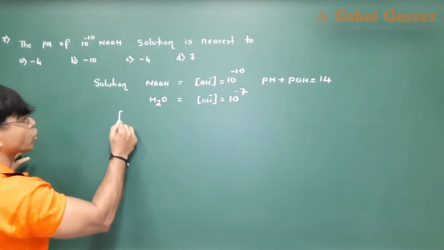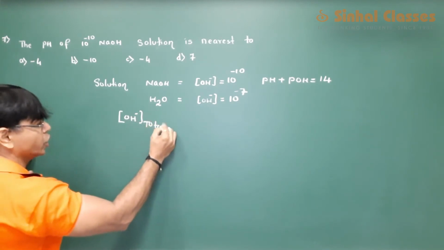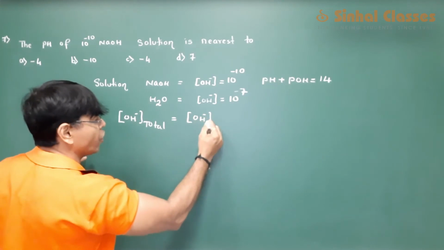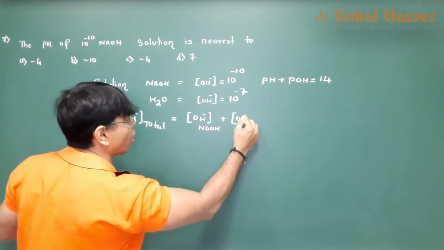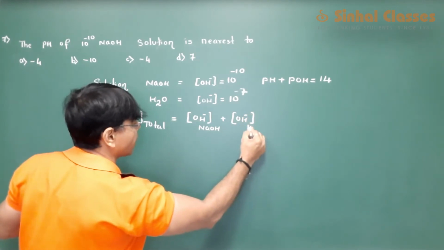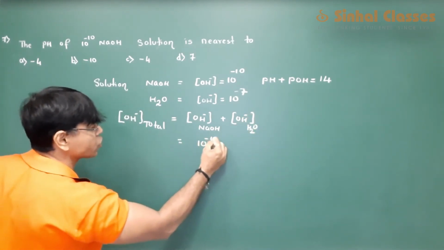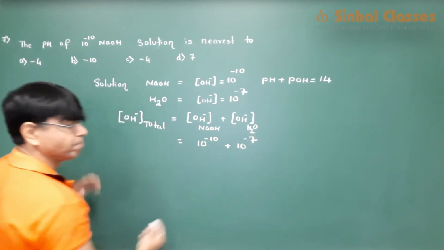So what is the total OH? The total OH will be OH from NaOH and OH coming from water, H2O. So this is 10 raised to minus 10 and this is 10 raised to minus 7.